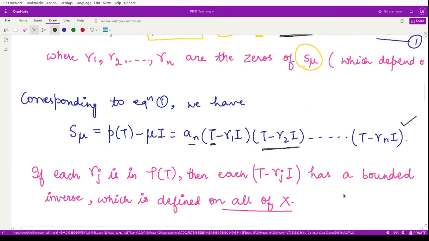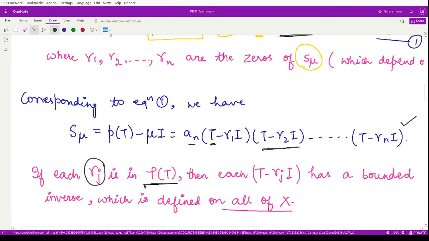Now we say that if each of these gamma j's is in the resolvent set for the operator t, then t minus gamma j I has a bounded inverse, which is defined on all of x. Now why is this so?